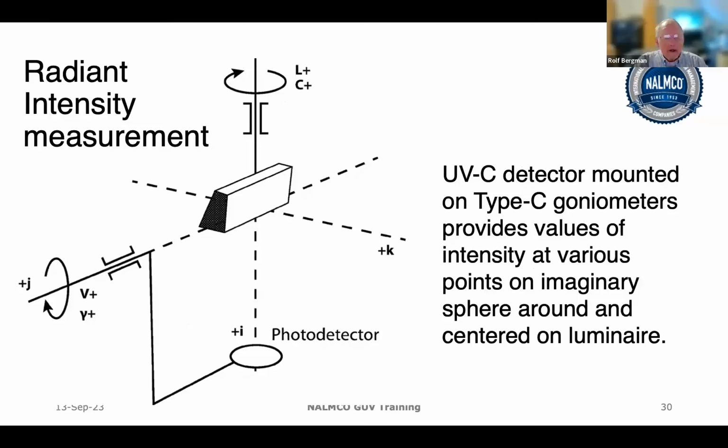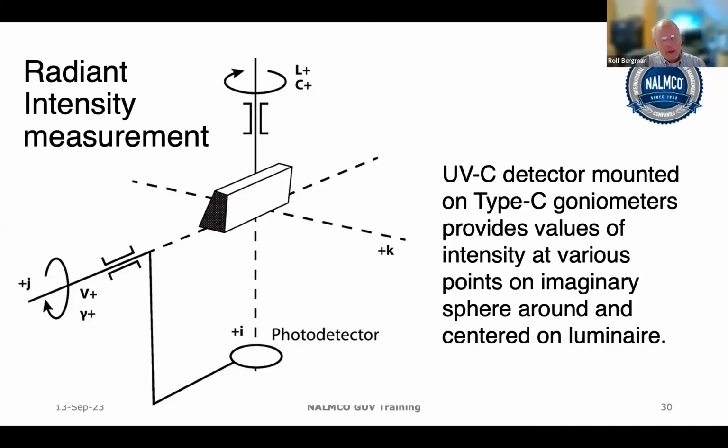To get angular measurements, we need a device that will either rotate the fixture, but hopefully the detector around the luminaire in such a way that it provides an angular map of all of the radiant intensity of the luminaire.